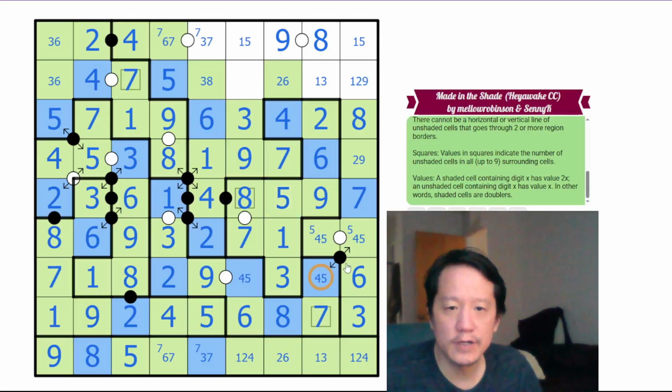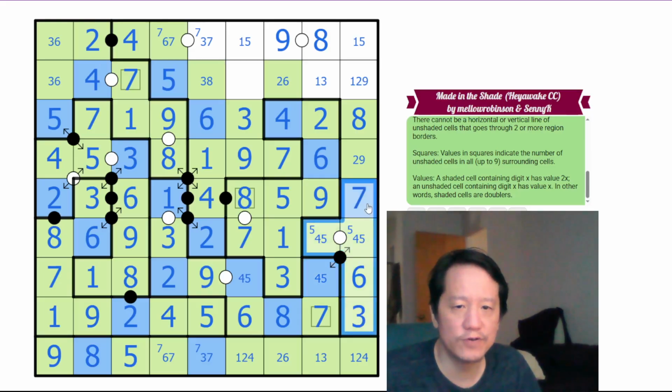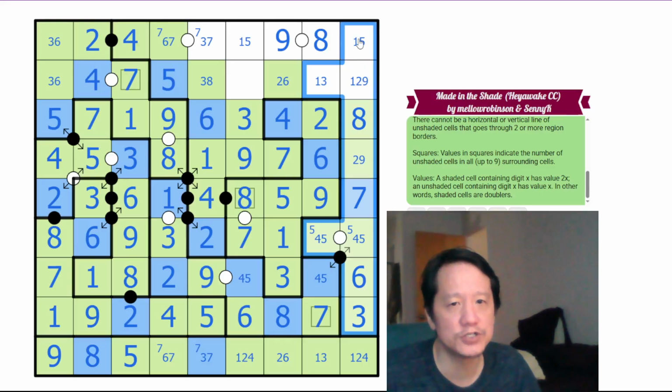I don't know why I did that. Anyways, this is still pretty wide open. Okay. We have 1, 2, 3, 4, 5, 6, 7, 8. It could go 9 here or 9 here. We're not sure.